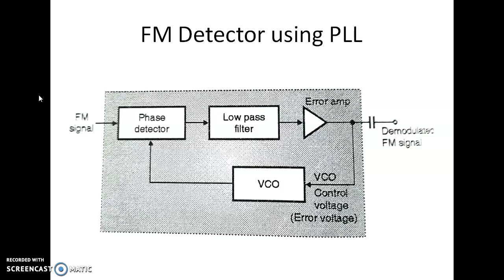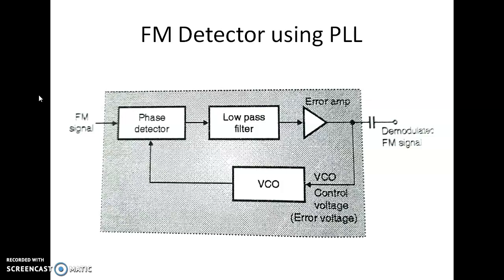The error voltage at the output of the amplifier is proportional to the deviation of the input frequency from the center frequency of FM. Thus, the AC component of the error voltage represents the modulating signal, and at the error amplifier output we get the demodulated FM output.